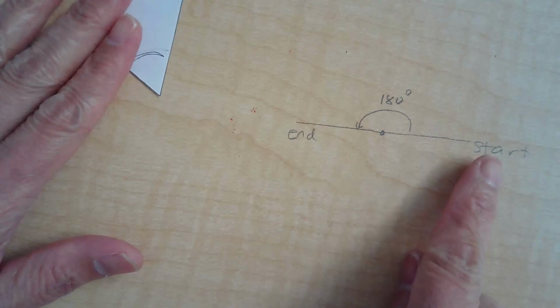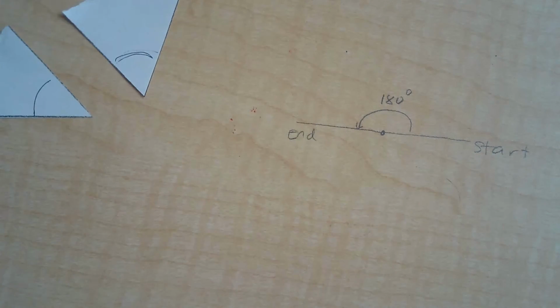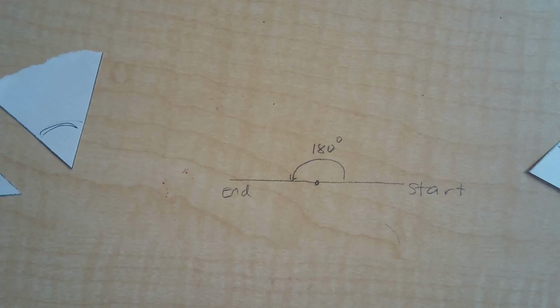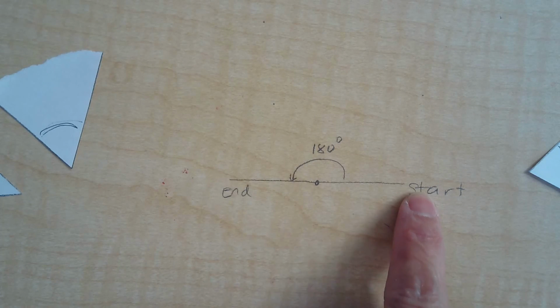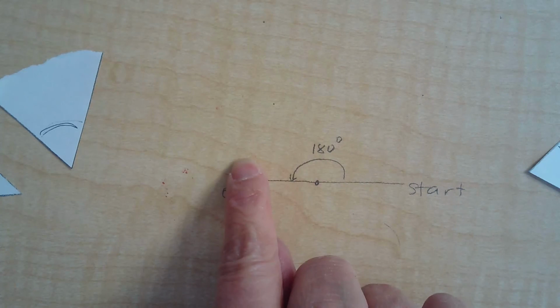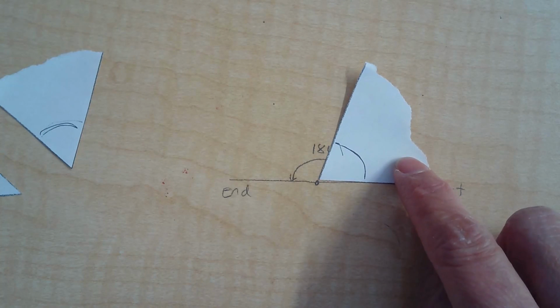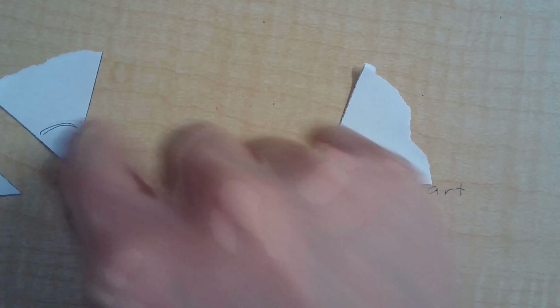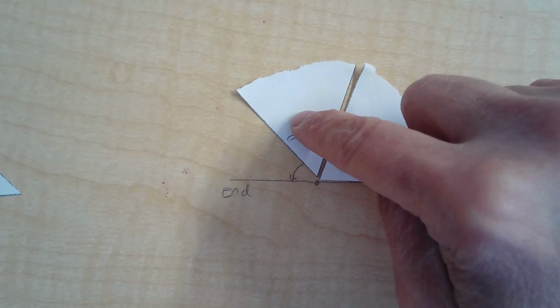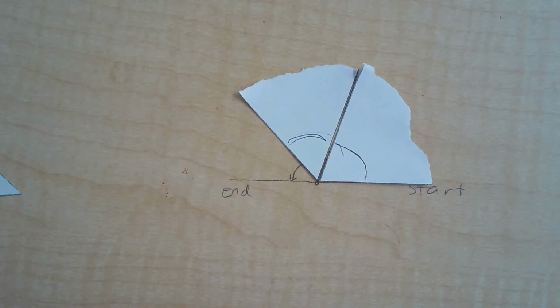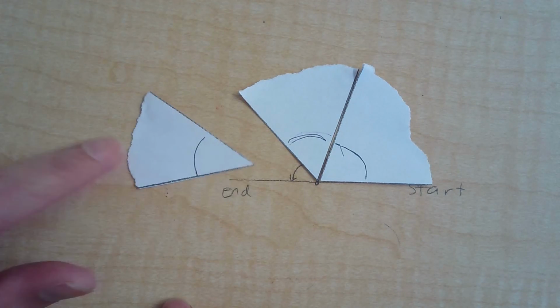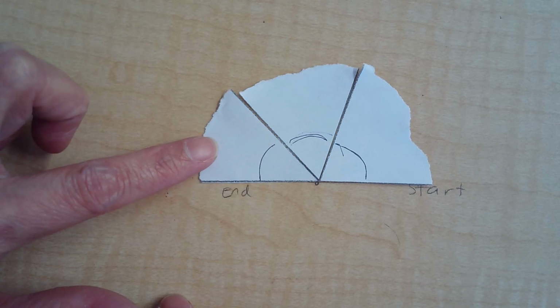Just to review what we said last time, the angle starts at 0, you turn it all the way to the other end, that's 180. Start at 0. Is this going to be enough to make 180?